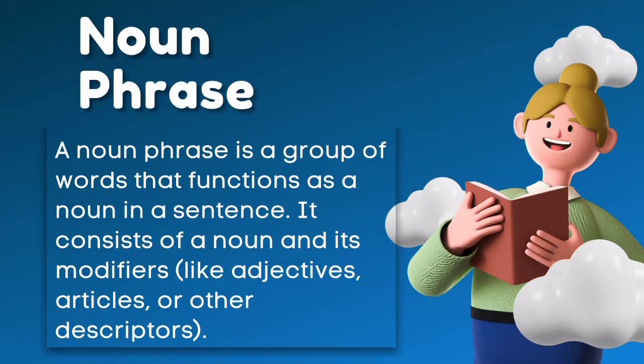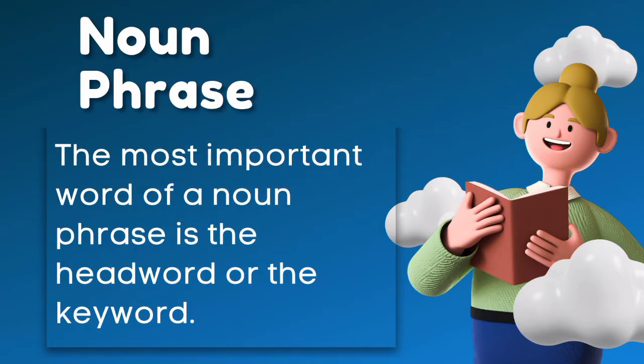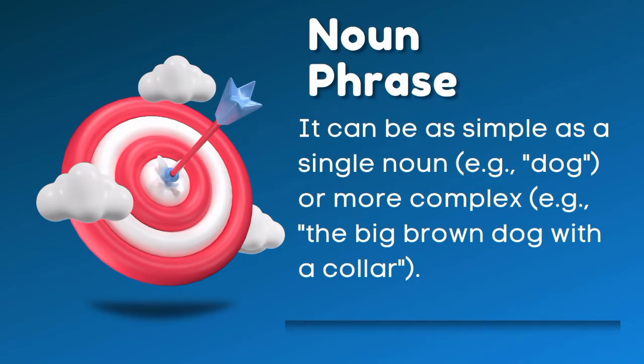Don't forget that the most important word in a noun phrase is the noun, the head word or the key word. A noun phrase can be as simple as a single noun like dog, or more complex like the big brown dog with a collar.